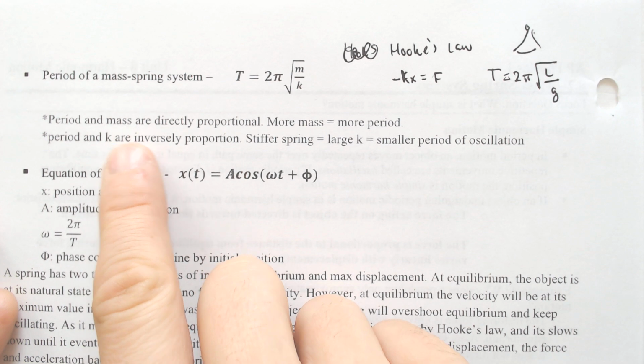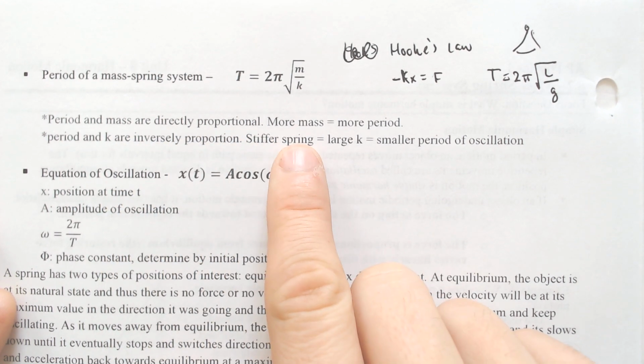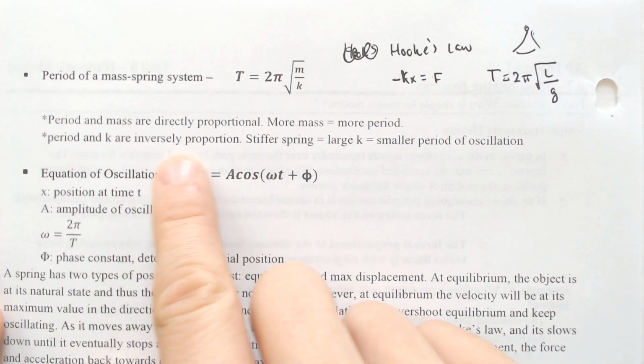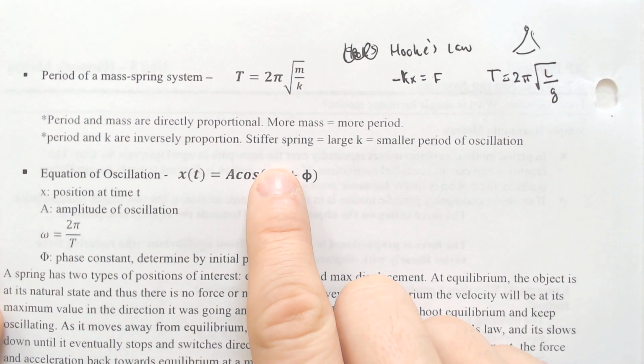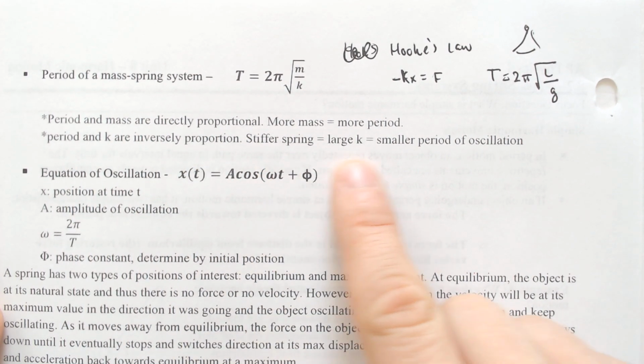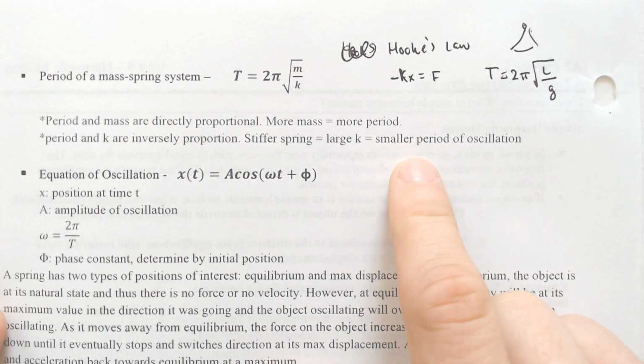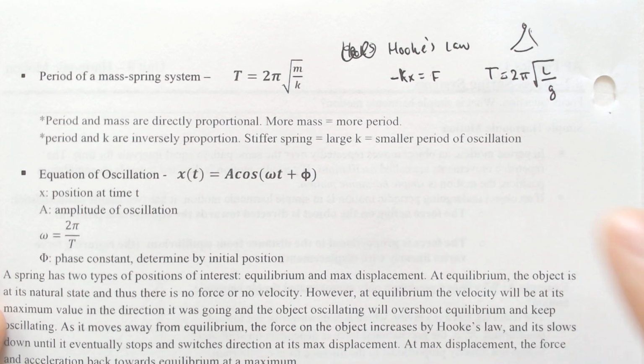So period and mass are directly proportional. More mass will mean that you have more period, whereas k is inversely proportional because if the spring is stiff, it is going to have a very short period, and therefore a smaller period of oscillation.